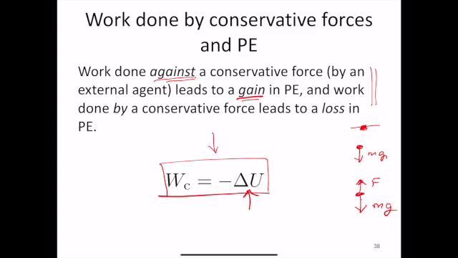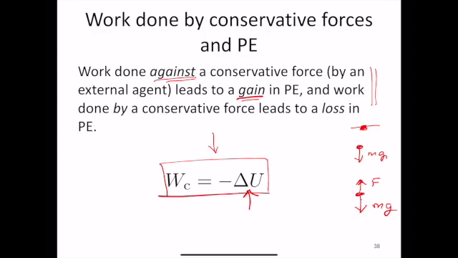And if you ever get confused about this, you can always use the gravitational analogy to help straighten this in your mind. When you lift an object, you know that the potential energy increases, and in the process of lifting it, did the conservative force gravity do positive or negative work? The answer is it did negative work when you were lifting the object, right?